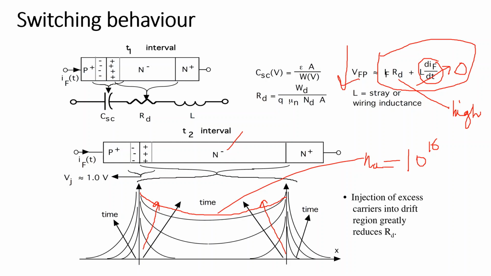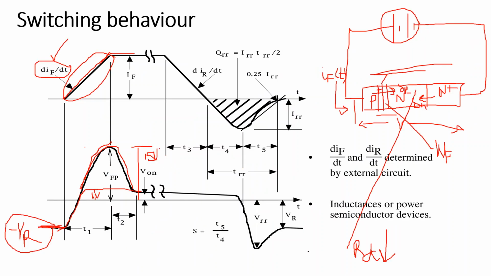As charges fill up in this region, Rd keeps on decreasing and this voltage keeps on decreasing until we get this stage, and in this stage the voltage keeps on rising, and up to this stage the voltage becomes almost constant.